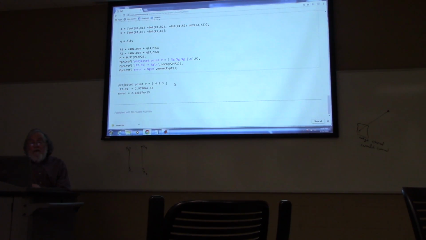And we remember that the two lines may not intersect perfectly in the real world, right? So here I'm calculating the distance that the lines are apart, right? And the answer is they're not apart, it's the same point.